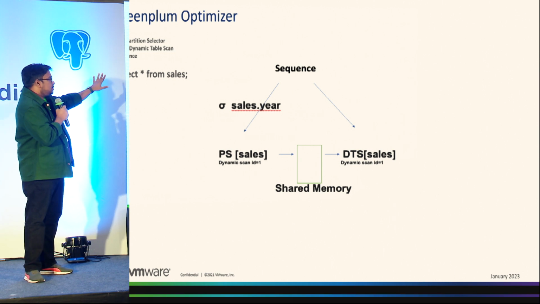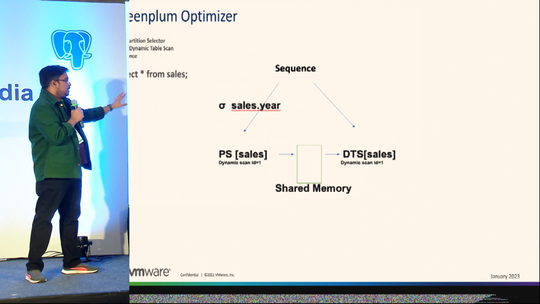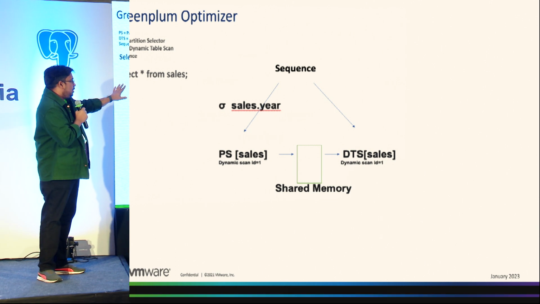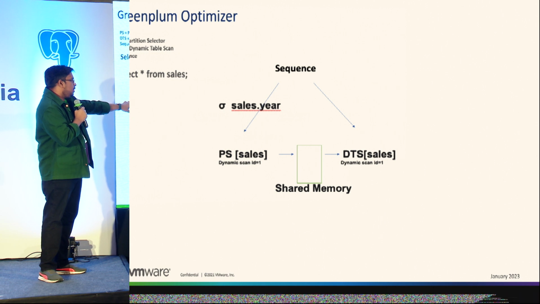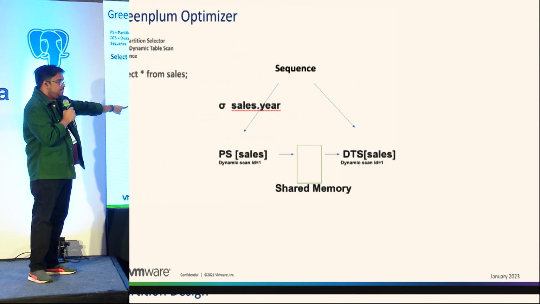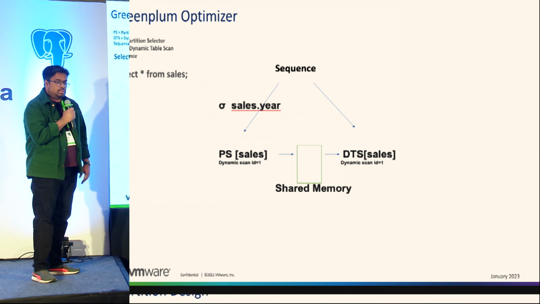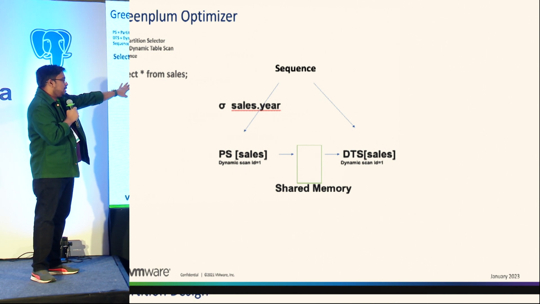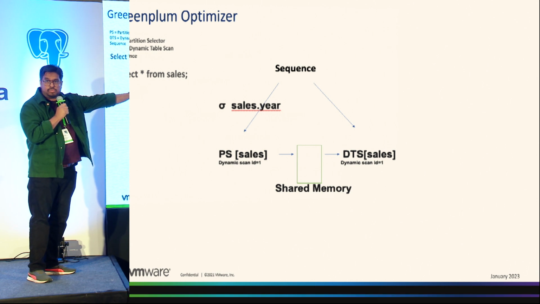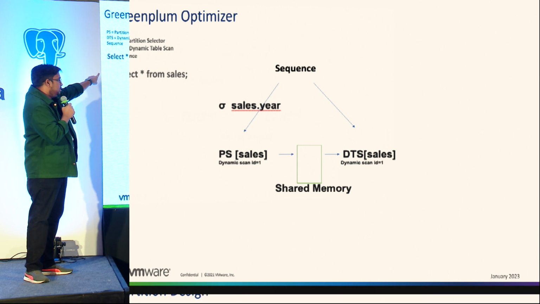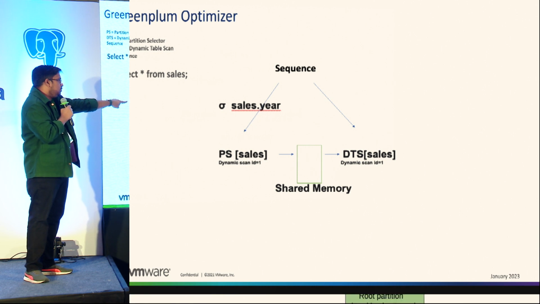Now, since it's a sequence, there is a specific order that has to be followed. The first in the order is your partition selector. The partition selector looks at the sales table and sees if there is a predicate on the year column. If there is no predicate, as in this case, it just does a full scan of your sales table.